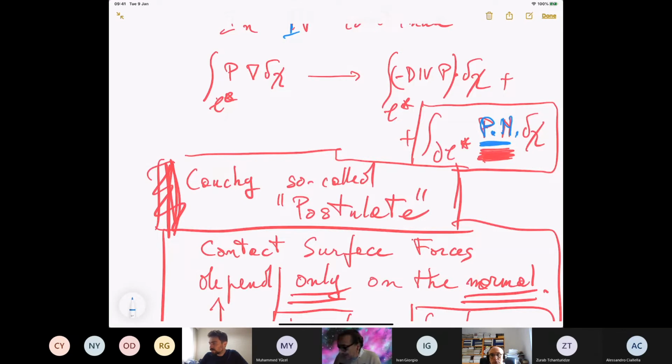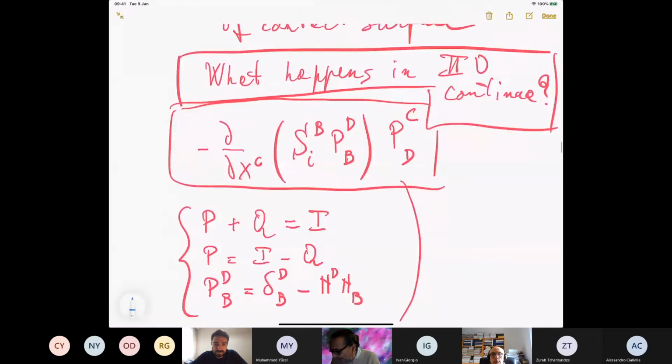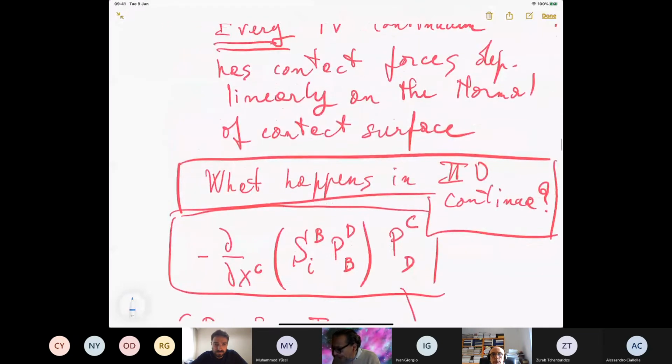And Cauchy called a postulate the fact that the so-called Cauchy vector, which is this one, depends only on the normal. Yesterday I made a debate about what is a postulate. I want to skip it now.